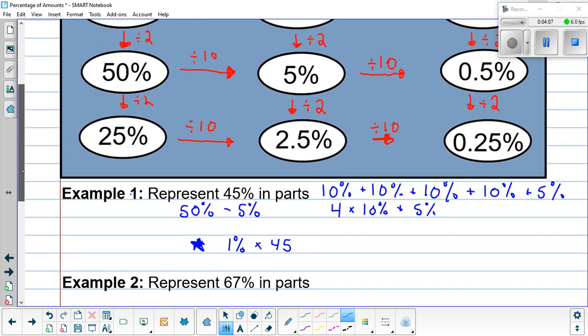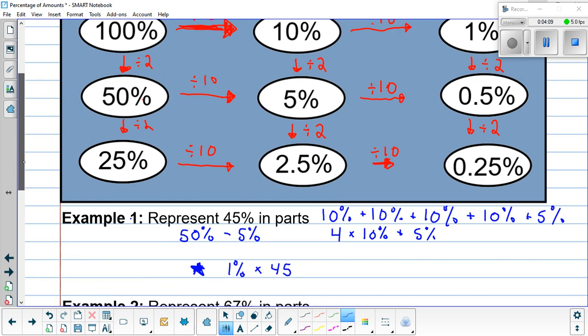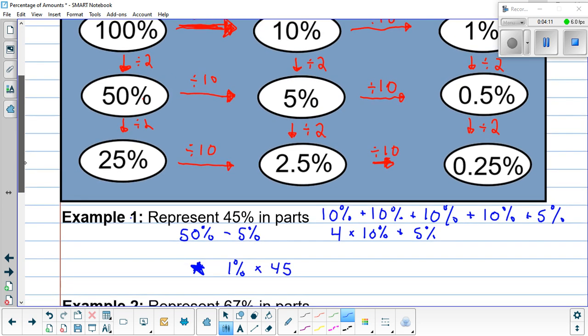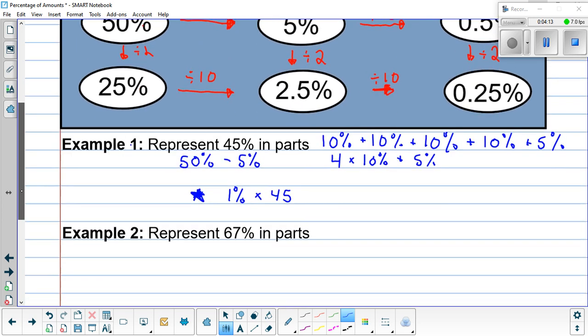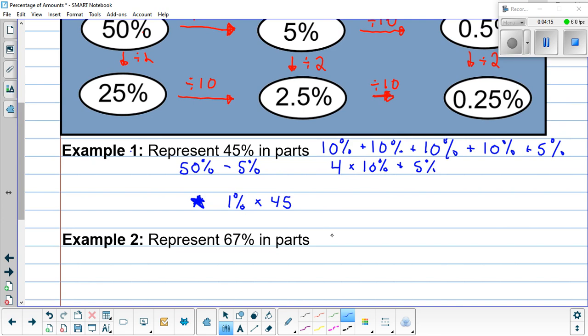I'm not going to go through them all, but if we want 67, you can use what you have above, or you can start to remember which ones you can easily get. I'll do 10% times 6, then plus 1% times 7.